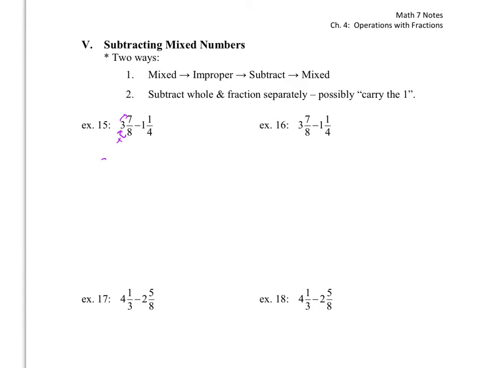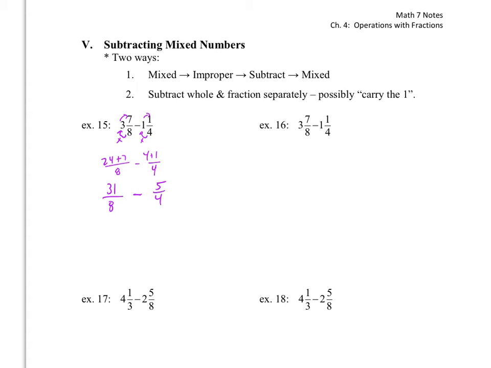So 3 times 8 is 24, plus my 7 is 31 eighths, minus, and 4 times 1 is 4, plus 1 is 5. So we got minus 5 over 4. There's our problem with improper fractions.